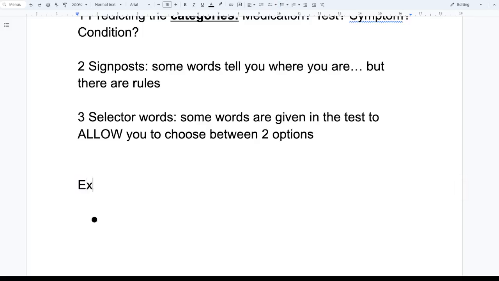Prescribed blank. Okay? Let's say this is the case notes now. So headache and then prescribed. Okay? This is the example.